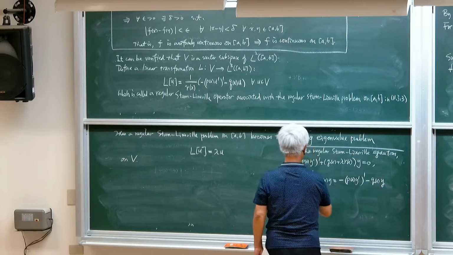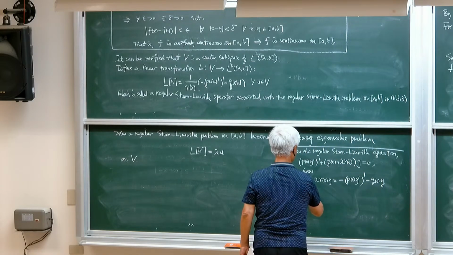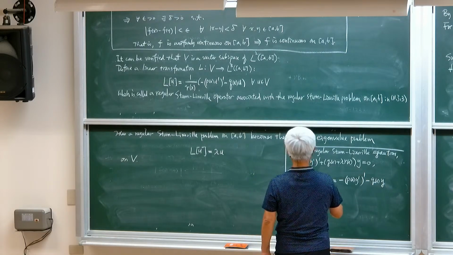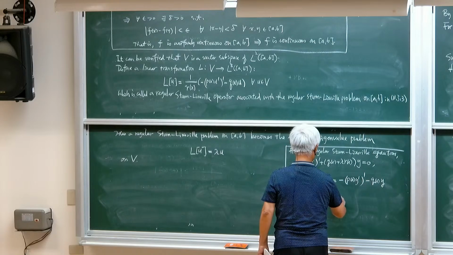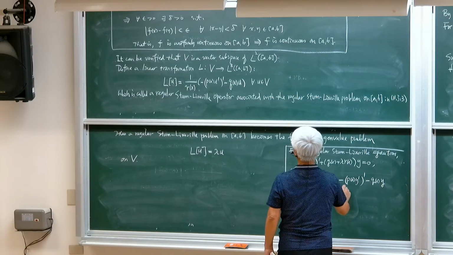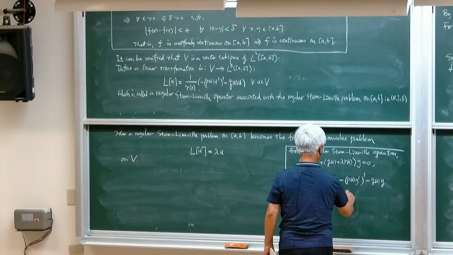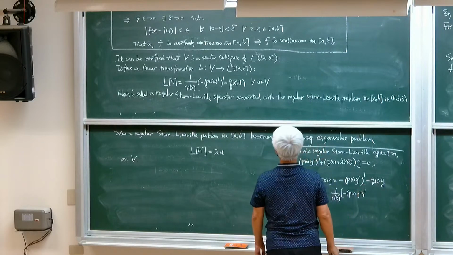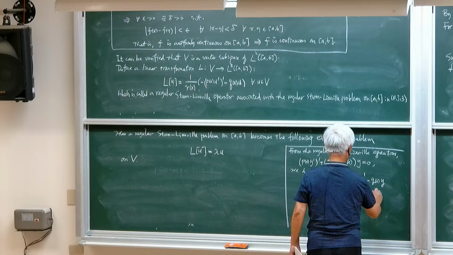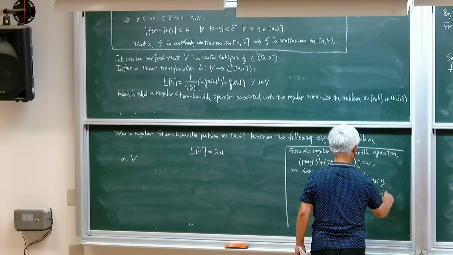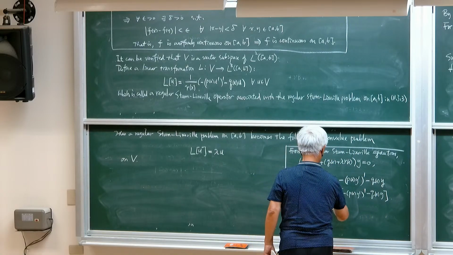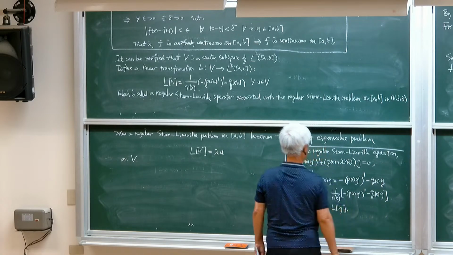And then lambda y becomes 1 over R of x, and minus p of x, y prime, minus q of x, y. And this is just y here.